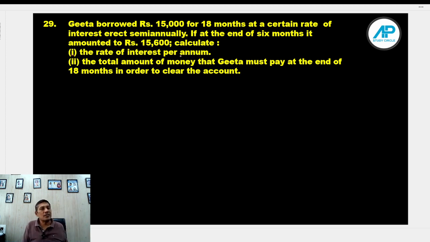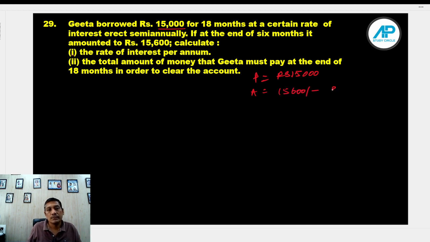You can see three things in the question. One, our principal is 15,000, and the amount at the end of first 6 months. So with these two things, I can find the value of rate of interest, because time is 18 months, so compounding is half yearly.